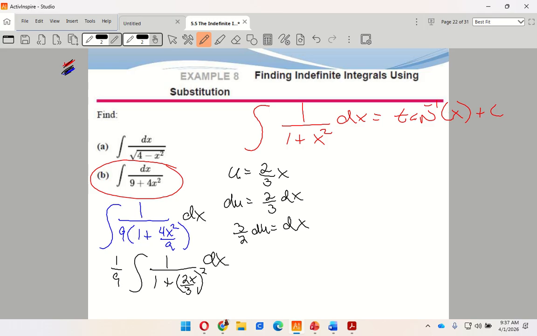So that's going to leave me with integration. What's out front of my integration? 1 over 9 times 3 over 2, which is going to give me 1 over 6. And then it's going to give me 1 over 1 plus u squared du.